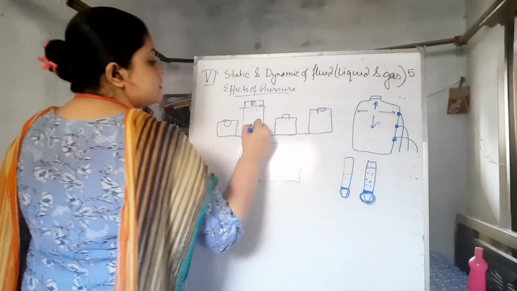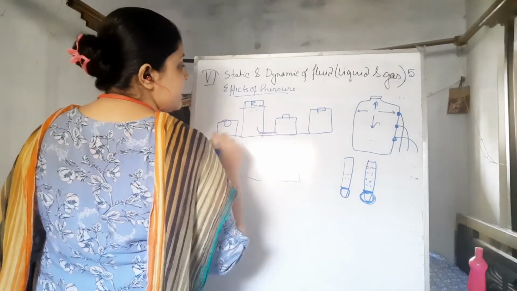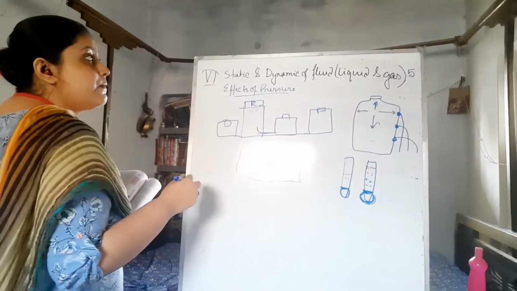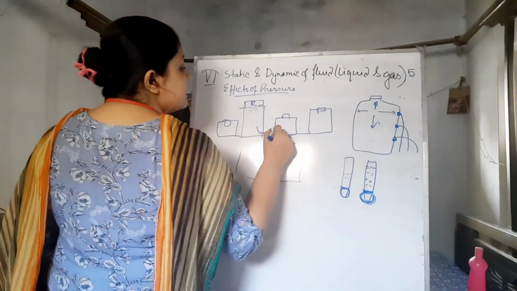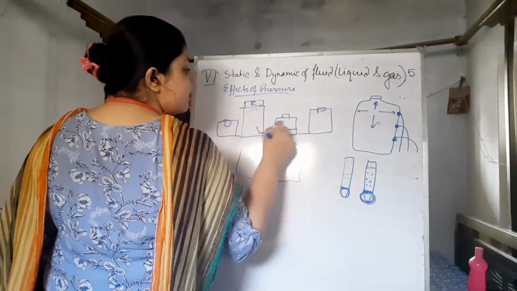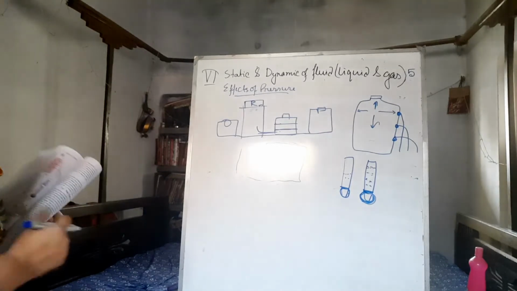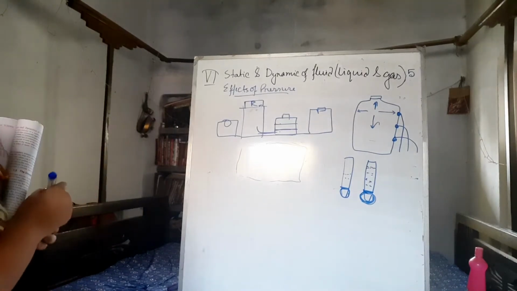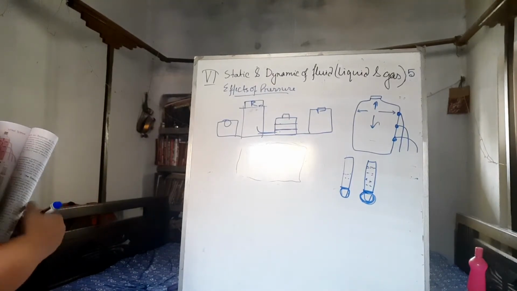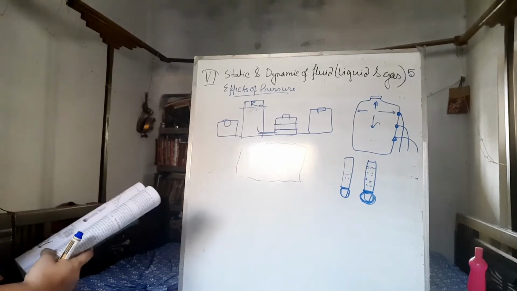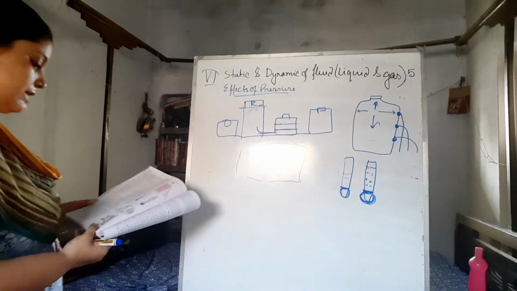The water goes by the pipe connection, but the force of the water supply is better on the ground floor than on the upper floor, because you know the pressure of the water depends on the depth. At the lower place the pressure is more than at the higher place.